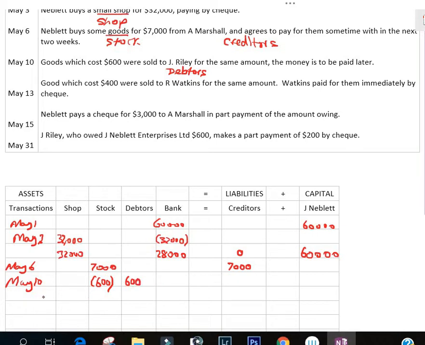Okay, so let's do the calculation here. So he has $32,000 worth of property. Then he has on hand $6,400 worth of stock.